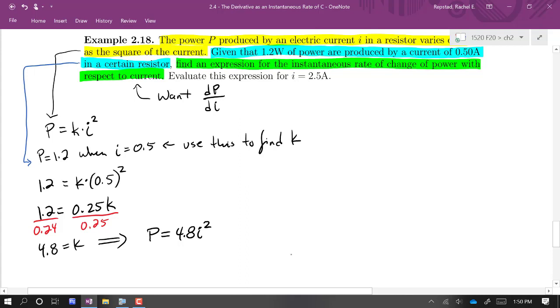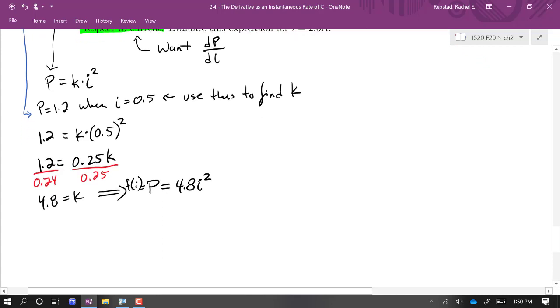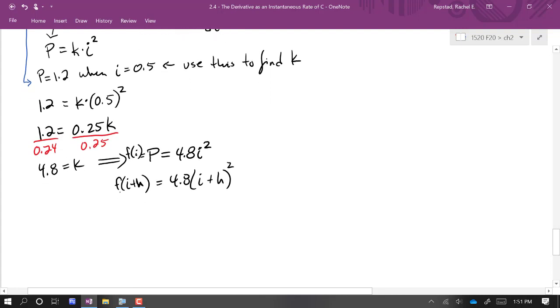So this P function is like our f of I. So f of I plus h is 4.8 times (I plus h) squared. That's 4.8 times (I squared plus 2Ih plus h squared).